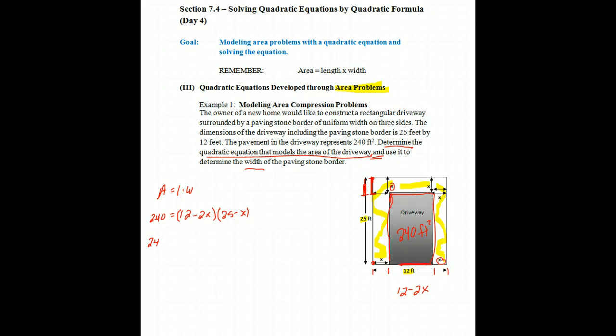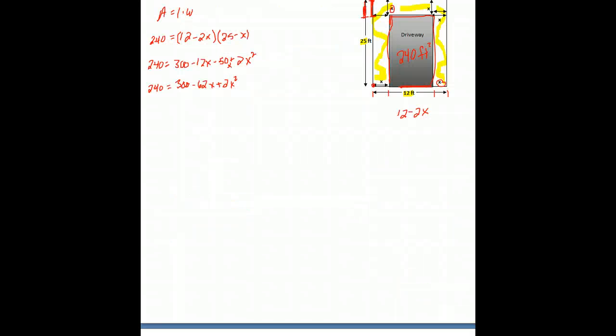Now if we multiply that out, I'll pause it here, and when you come back you'll see it's multiplied out and simplified down to a quadratic function. Okay, now I've multiplied out the two brackets here, and this is what it should simplify down to. And we're going to solve now for x.